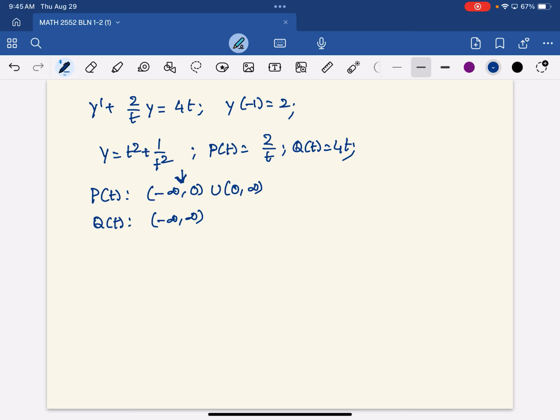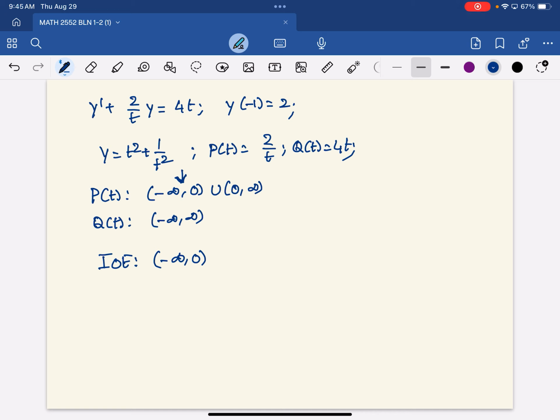Is that clear? So the interval of existence would be negative infinity to 0. The interval of existence is the smallest interval where p of t and q of t are continuous and the initial value is contained. So it's very vastly influenced by the prescription of the initial value.